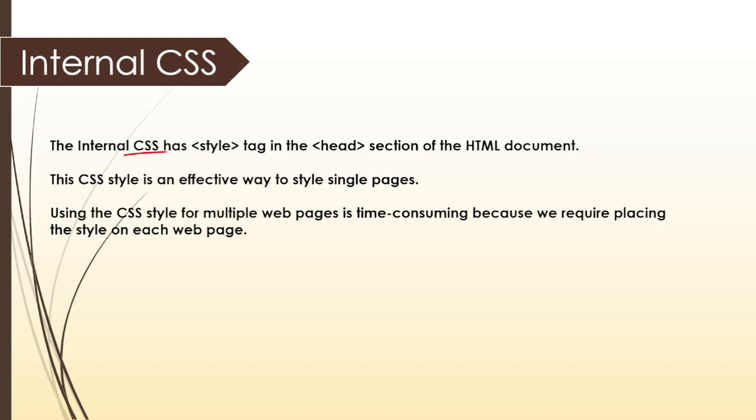The internal CSS has a style tag in the head section of the HTML document. As you already know, in the basic HTML structure, we write it like HTML, head, then title, then we close the title section, then head close.